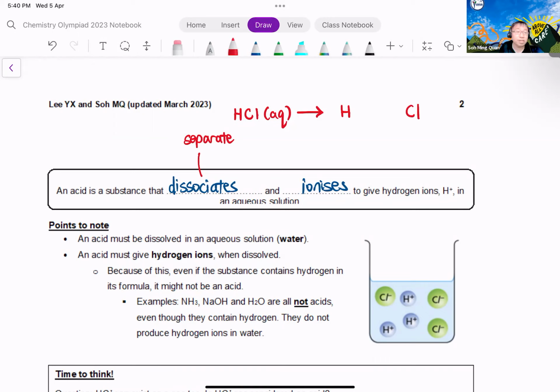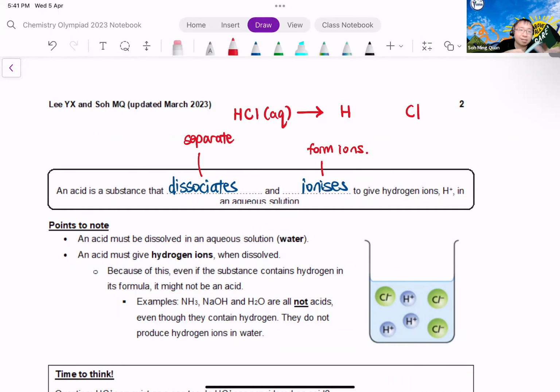All right. So for the Sec 4 students, I hope you remember this is a covalent bond. And if you are breaking a bond, bond breaking takes in energy. And this is why you can see that the first step, which is dissociation, is bond breaking. Dissociation is endothermic. But it's not just about dissociation. It's also about ionization. Ionization means form ions. So for the Sec 3 students, you have learned ions, right?